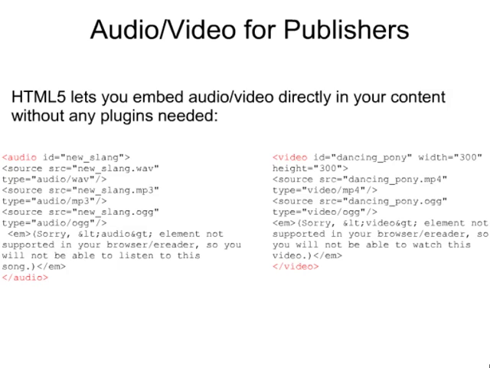You can also specify attributes that let you control things like whether the video will loop automatically, and whether there will be the usual play bar below it that lets you click icons to play, pause, fast forward, and rewind the video. And just like Canvas, any regular text that you enclose in either the audio or video tag is what is going to be displayed if the web browser or e-reader doesn't support audio or video content.